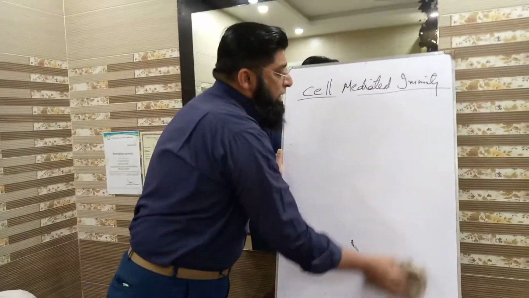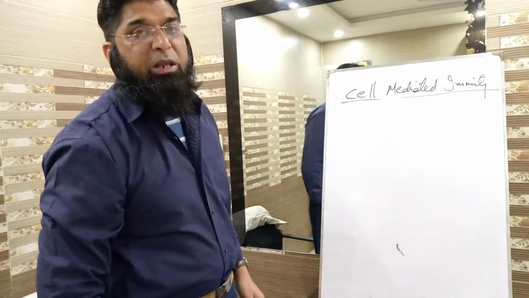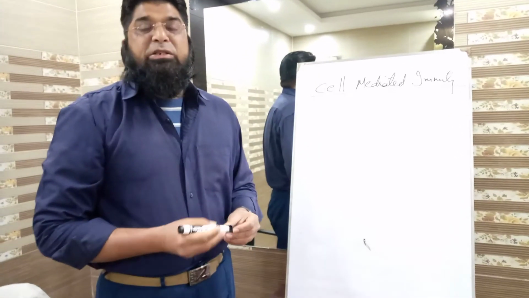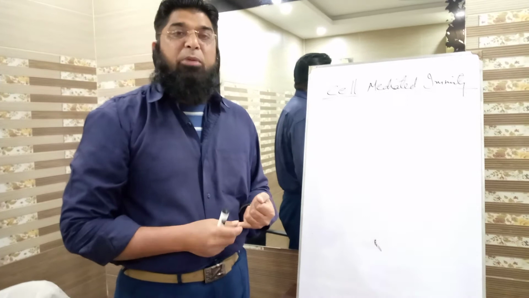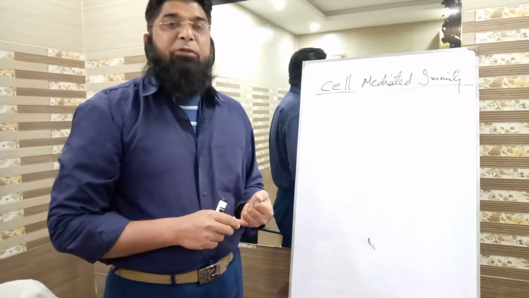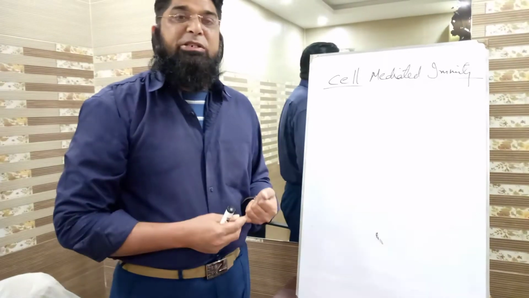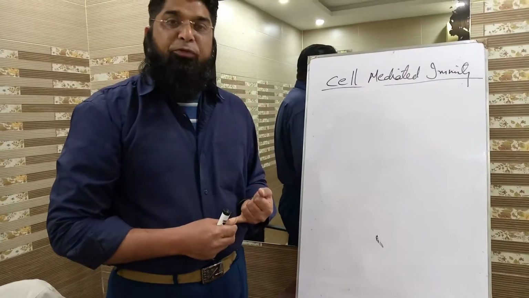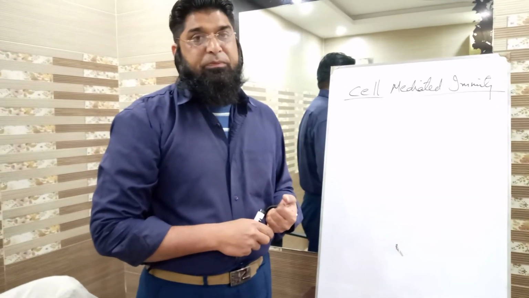I conclude with some of the important points of cell-mediated immunity. Number one, students, cell-mediated immunity is that type of acquired immunity which involves cellular components. These cellular components are mainly macrophages, T lymphocytes and dendritic cells.